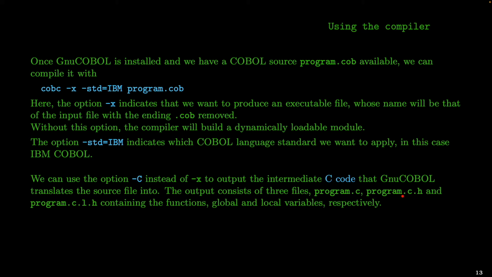You get program.c.h and program.c.l.h, which contain the functions in program.c, and then the global and local variables for your program in these 2 header files respectively, obviously the L indicating local.